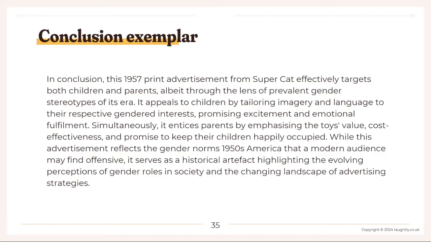Simultaneously, it entices parents by emphasising the toy's value, cost-effectiveness, and promise to keep their children happily occupied. Whilst this advert reflects the gendered norms of 1950s America that a modern audience may find offensive, it serves as a historical artifact highlighting the evolving perceptions of gender roles in society and the changing landscape of advertising strategies.